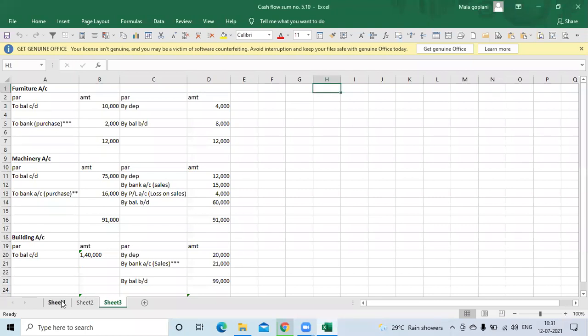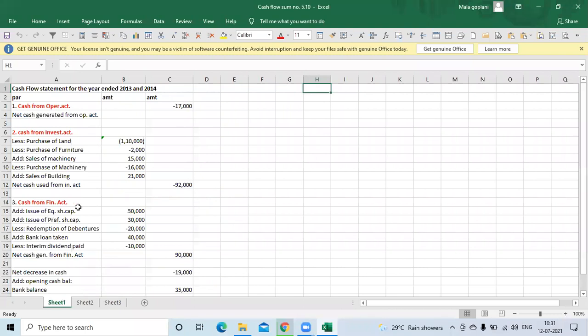Issue means shares given, capital comes in, cash comes in because we are selling the shares. So write down cash inflow. Very good. Cash inflow means add. Go to financing activity, first page, main format. Write down there, add issue of share capital, as you see on the screen.